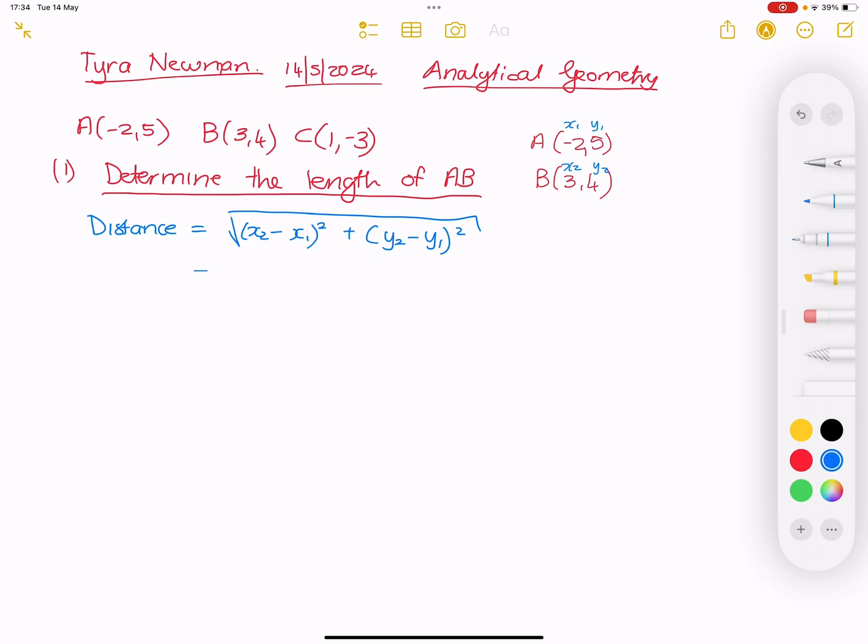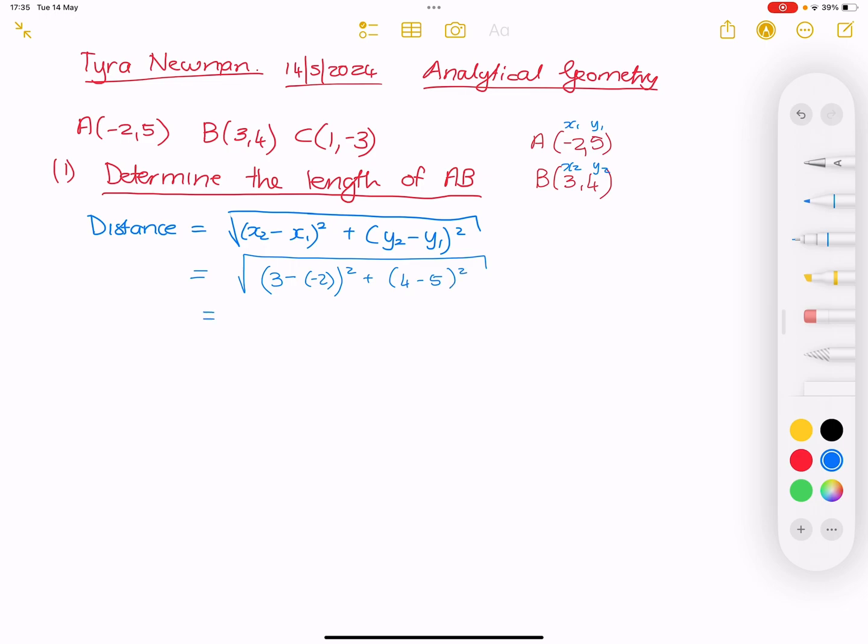Yes. So that gives me the square root of (3 minus negative 2) squared. Do you agree? 3 minus negative 2, and then plus (4 minus 5) squared.